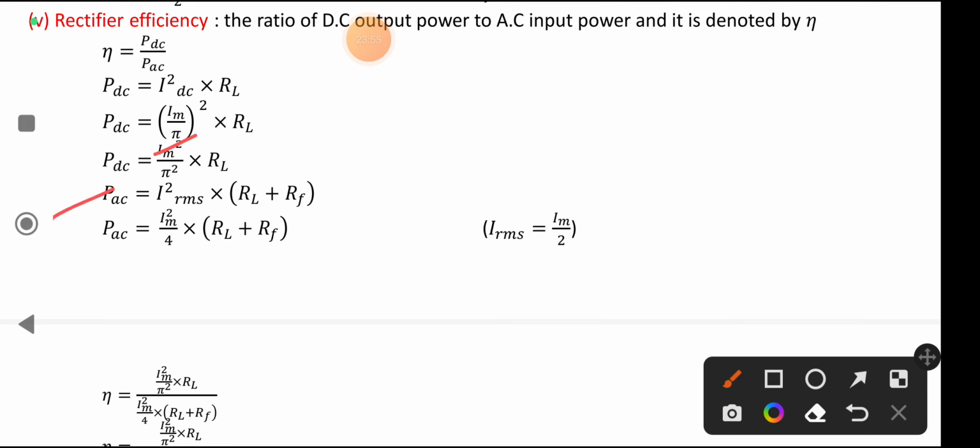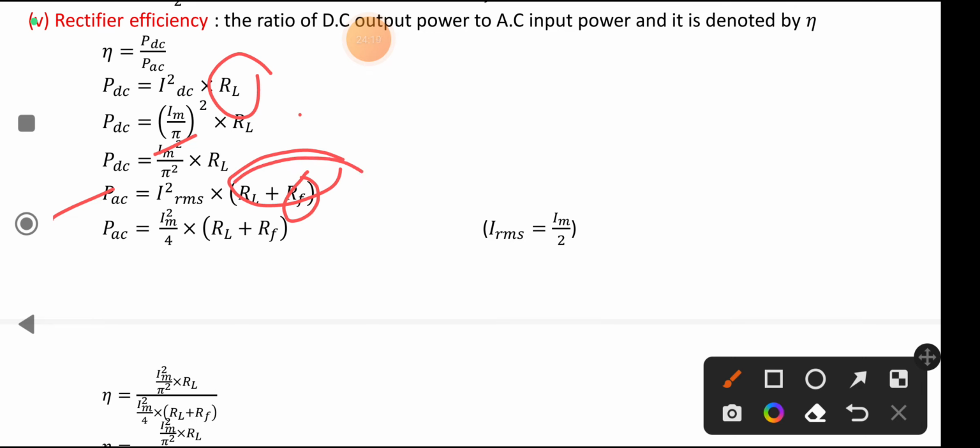Next, AC power, PAC, is equal to I square into resistance. So here two resistances we have to take for AC only. Why? Because AC is present not only at output but also at input, so the input resistance RF is included. For DC we have to take only the output resistance, because DC we get at output only, not at input.